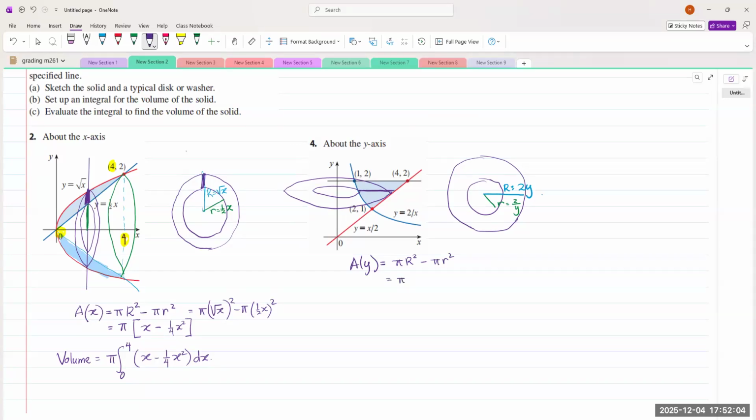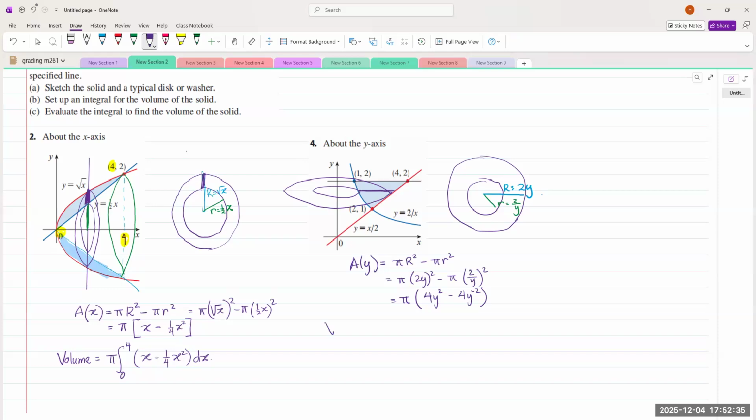That's pi times 2y squared minus pi times 2 over y squared. If I factor the pi, I will get 4y squared minus 4y to the negative 2. That's our area function as a function of y. Actually, if you notice, I can factor another 4, but I will just leave it there for now.